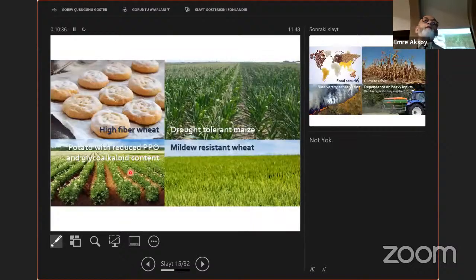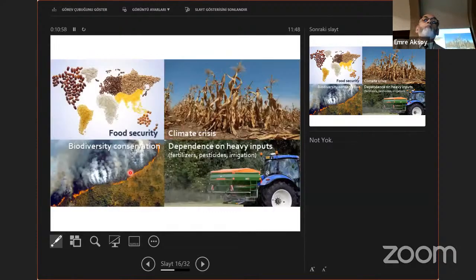It can also increase the fiber quality of wheat, and drought tolerant maize can also be produced, and also potato with reduced PPO and glycoalkaloid contents. Then in wheat also, mildew resistant wheat can be produced by using this technology.